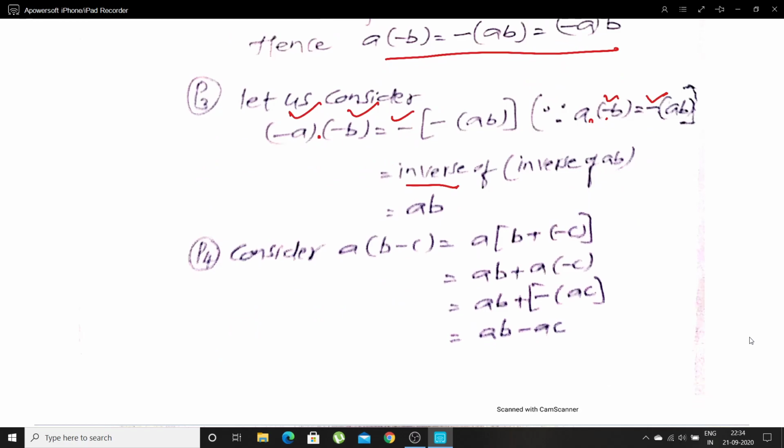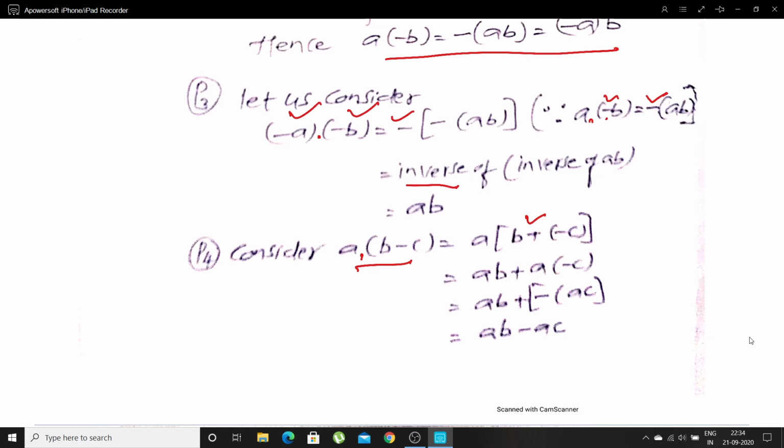Now we'll take the fourth property. a dot of b minus c, we have to prove it as ab minus ac. We can't multiply this directly because this is not arithmetic or simply algebra. This is abstract algebra. That means we have to use only binary operation. Since we know that minus is not a binary operation, we have to rewrite this expression as plus of minus.